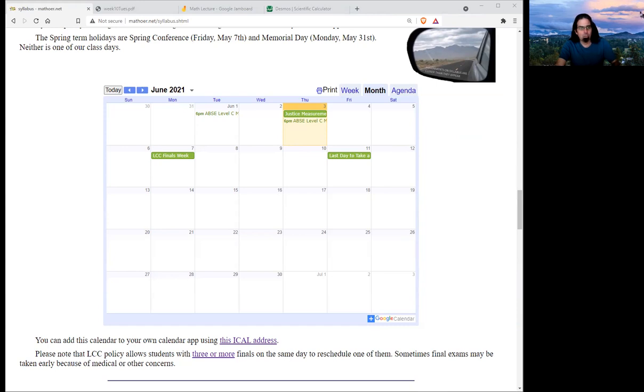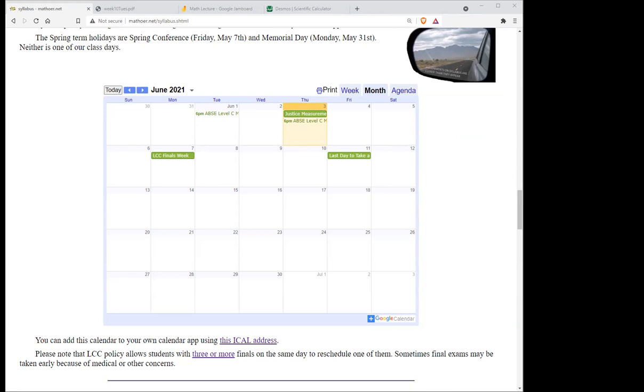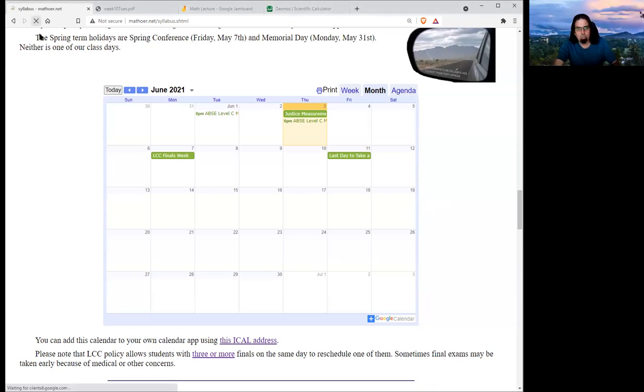No, not that. Okay, now if I hit reload, there it is. Okay, what else?